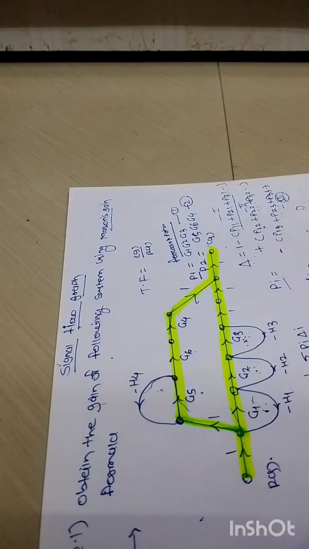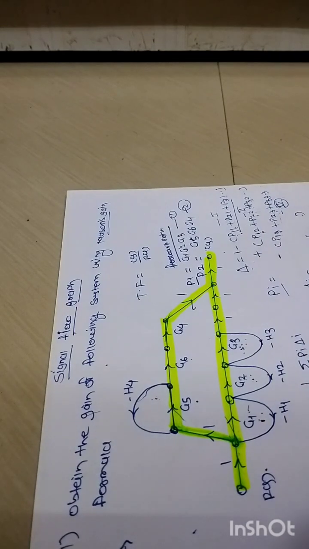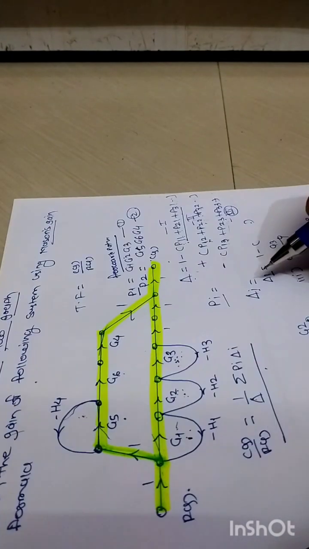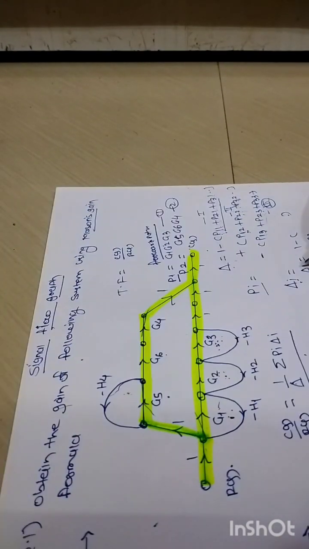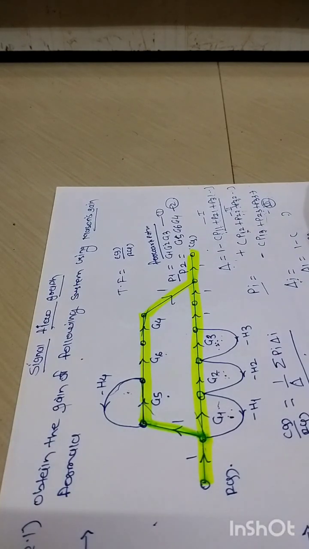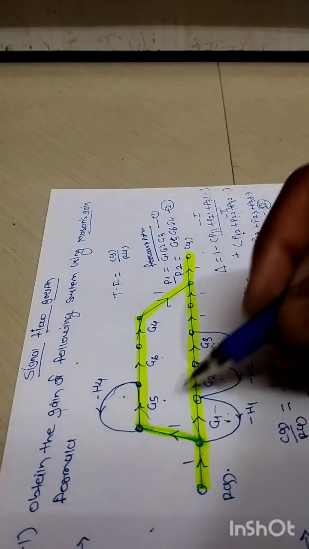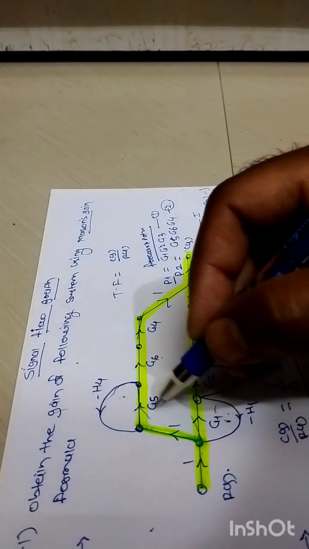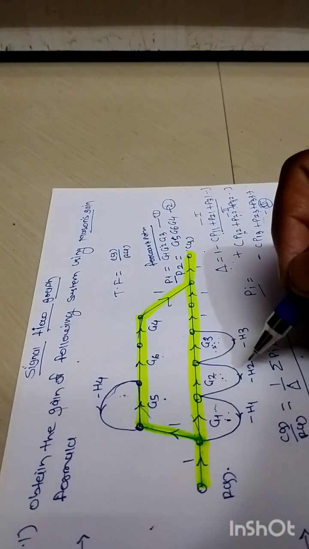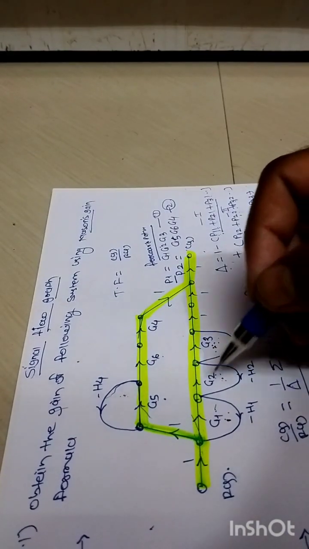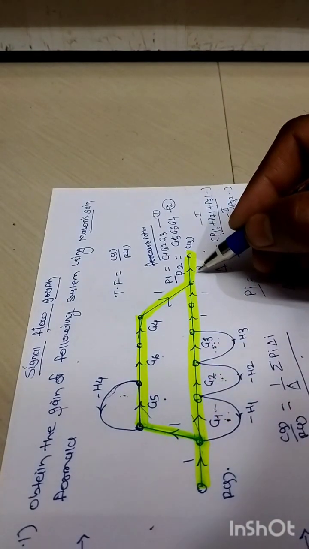So as I told you earlier, delta i means delta 1, right? According to forward path number 1, delta 1 is the desired part of this signal flow graph which will not touch forward path number 1.